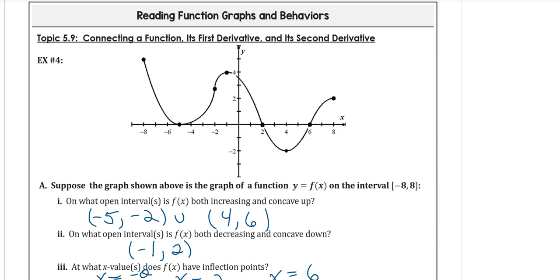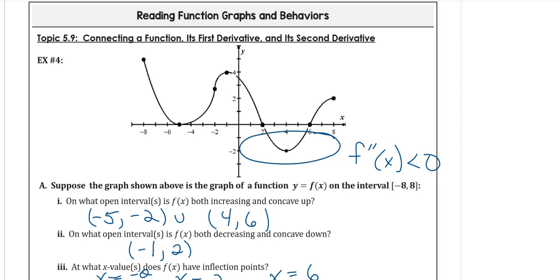So the first question was, on what open intervals is f of x concave down? And there's only going to be one interval. That's when f double prime is negative. So that would be this interval right there, from 2 to 6. Here, the second derivative is less than 0. So that is the only place that it would be concave down.